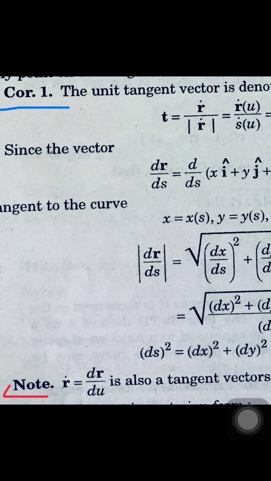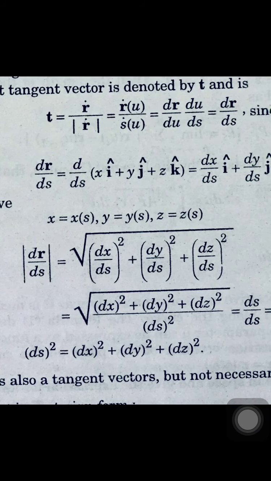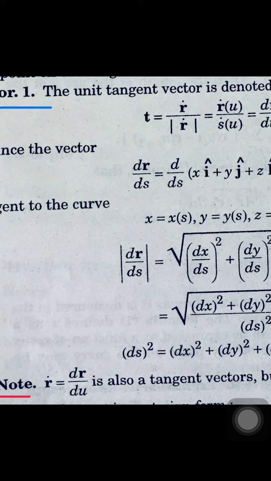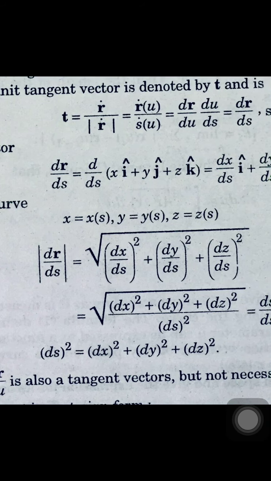Here, as we saw in the last slide, r dot is parallel to the tangent. So how do we define the unit tangent vector? Let t be the unit tangent vector; it is r dot upon mod of r dot.